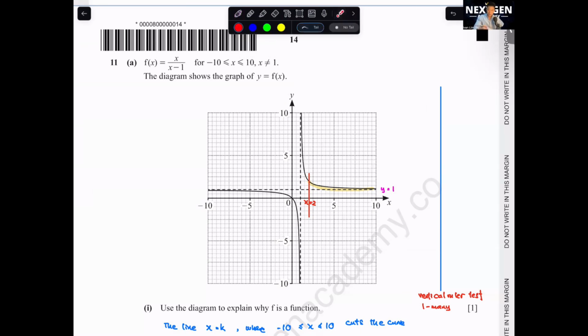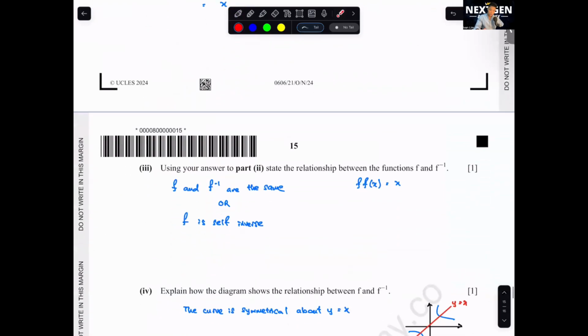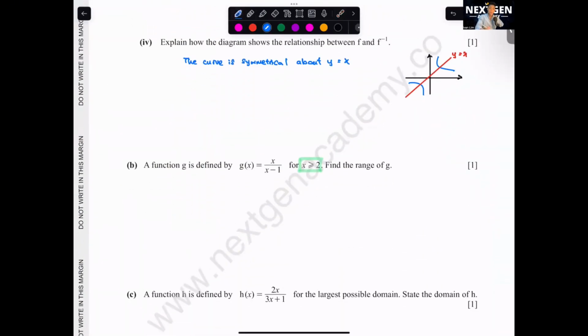Okay, so what we need to check is where is your maximum point, because the maximum point will be here already. Okay, so you need to just sub in your x value, which is equal to 2. So g(2), which is 2 over 2 minus 1, which is equal to 2. Okay, how do we express the range?